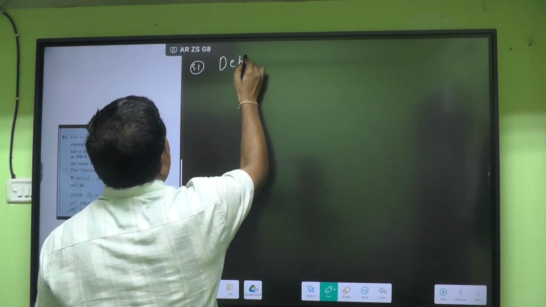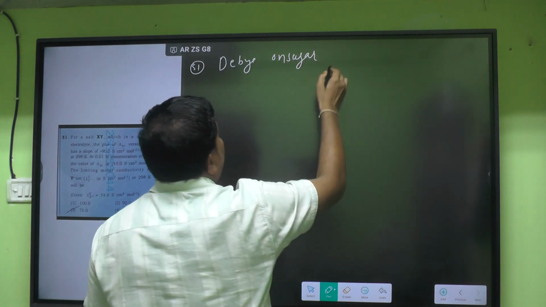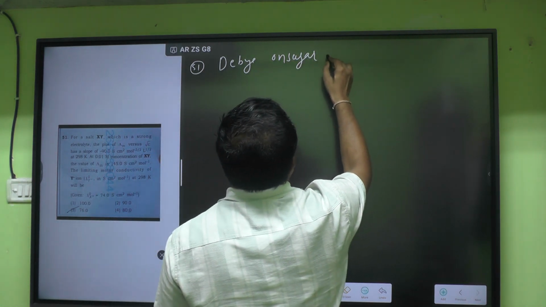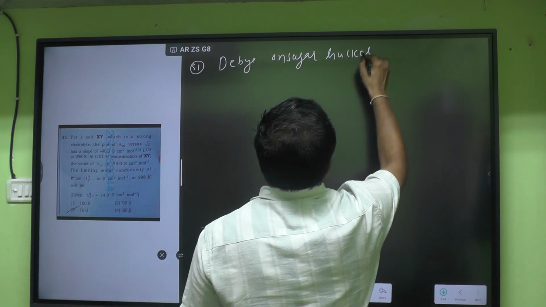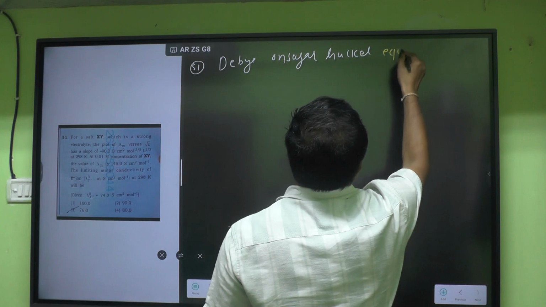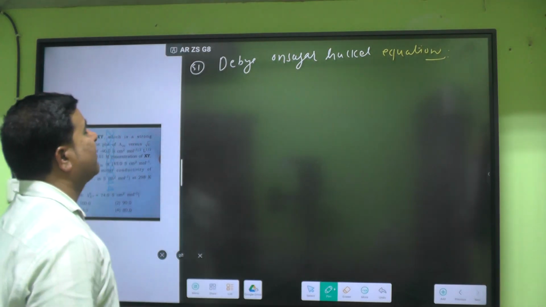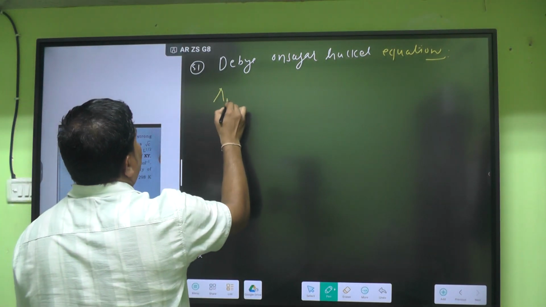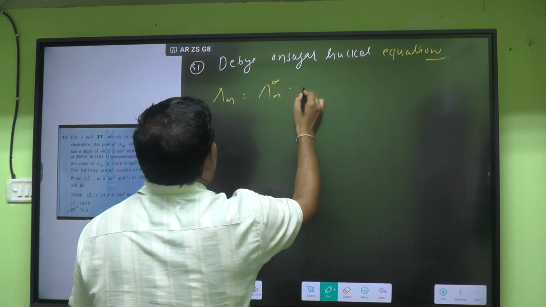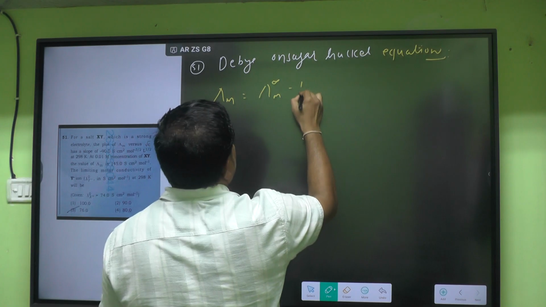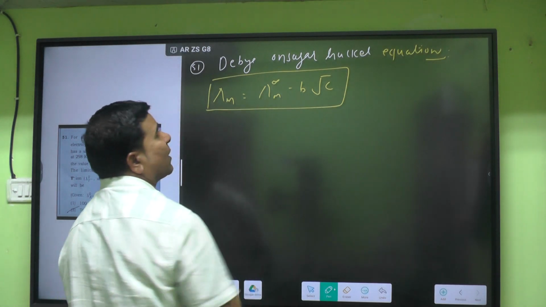Debye-Huckel-Onsager equation. Remember here, for molar conductance at concentration C, the molar conductance at infinite dilution minus B into root C, where B is the Debye-Huckel constant. Everyone knows this formula.